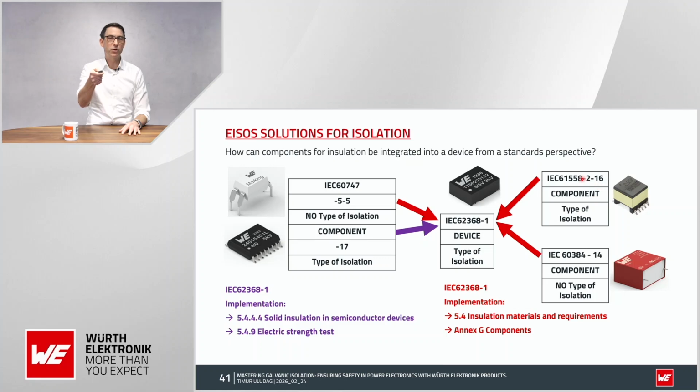If you go for the transformer, then you will have the information about the type of isolation. You will have a transformer with basic, reinforced, or double isolation. Here you can go to 5.4, insulation materials and requirements, in the standard and take the requirements with your transformer so that you can integrate it in the overall application.